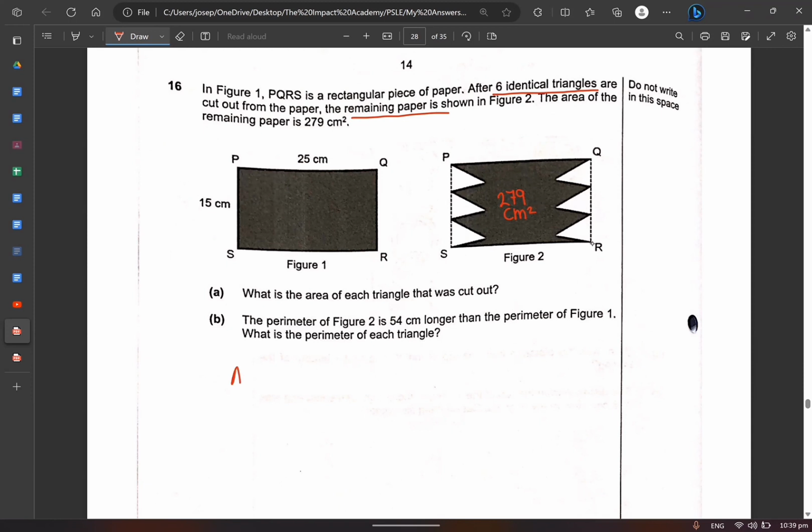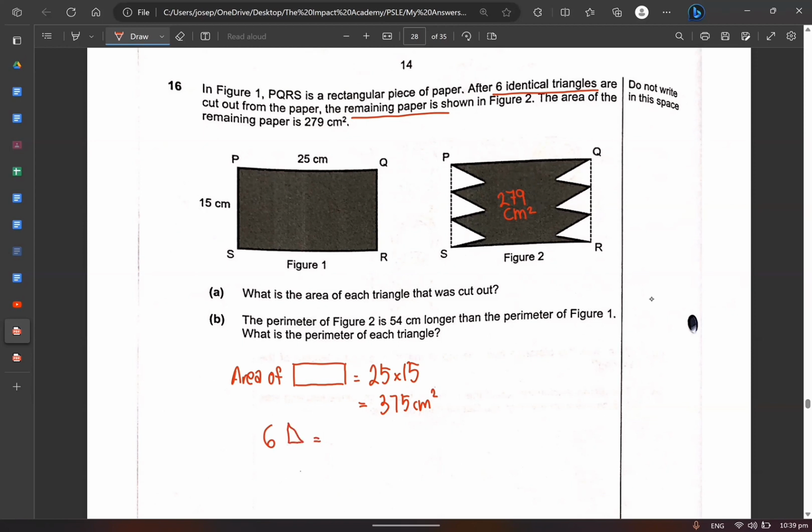So I'm going to find first the area of the rectangular piece of paper, which is equal to 25 times 15. We'll get an answer of 375 centimeters squared. And then I'm going to remove away the area of the remaining paper, because when I do that, I will find my 6 triangles.